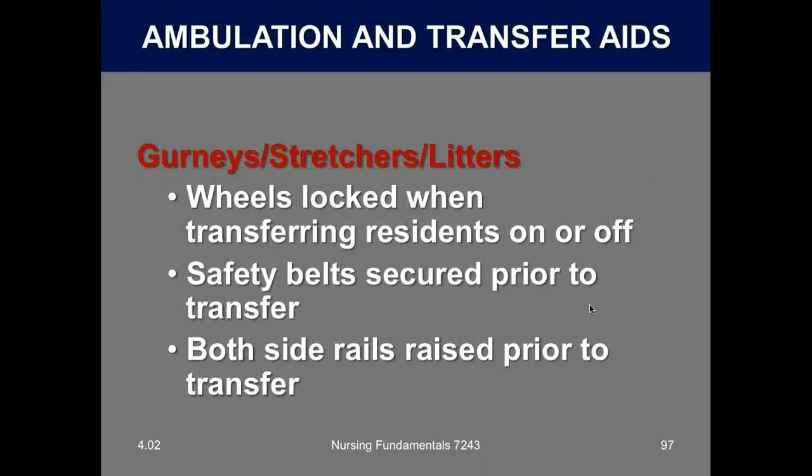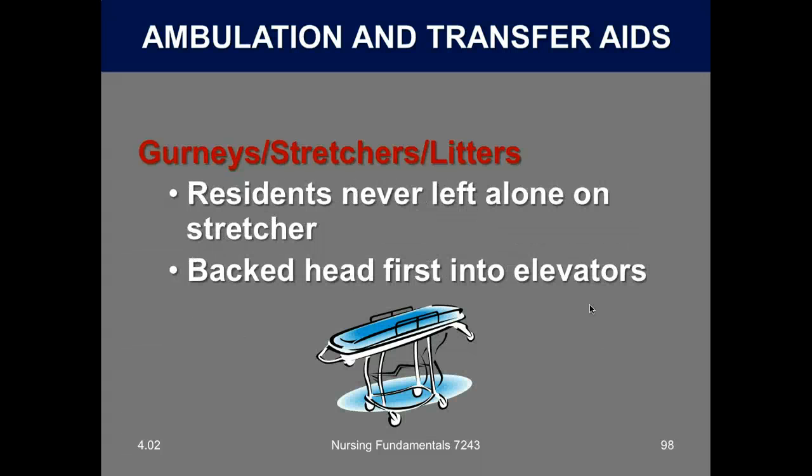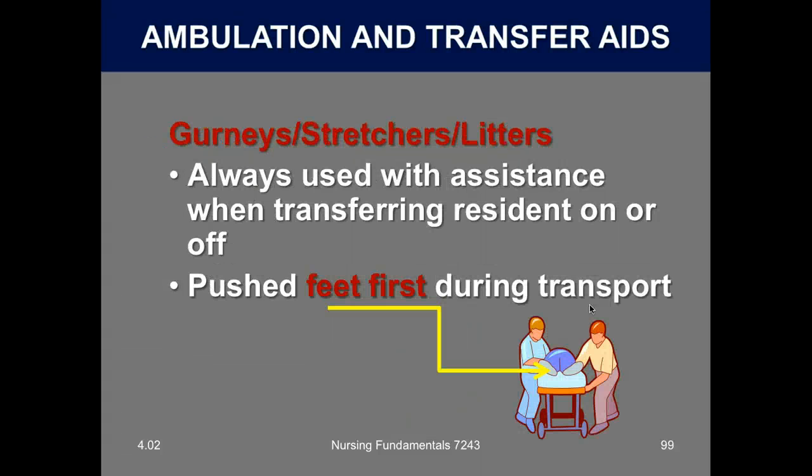Gurneys, stretchers, and litters. The wheels are locked when transferring residents on or off of them. Safety belts are secured prior to transfer. Both side rails are raised prior to transfer. Residents are never left alone on the stretcher. The head goes into the elevators first.